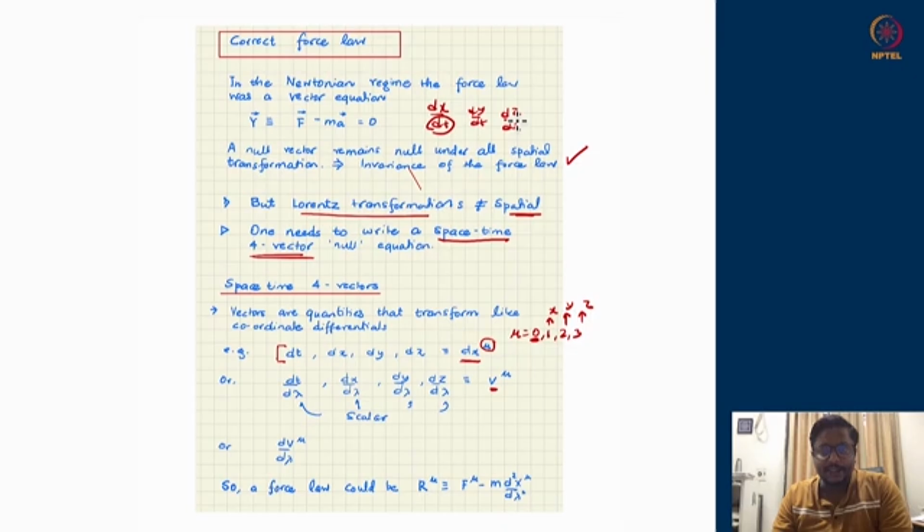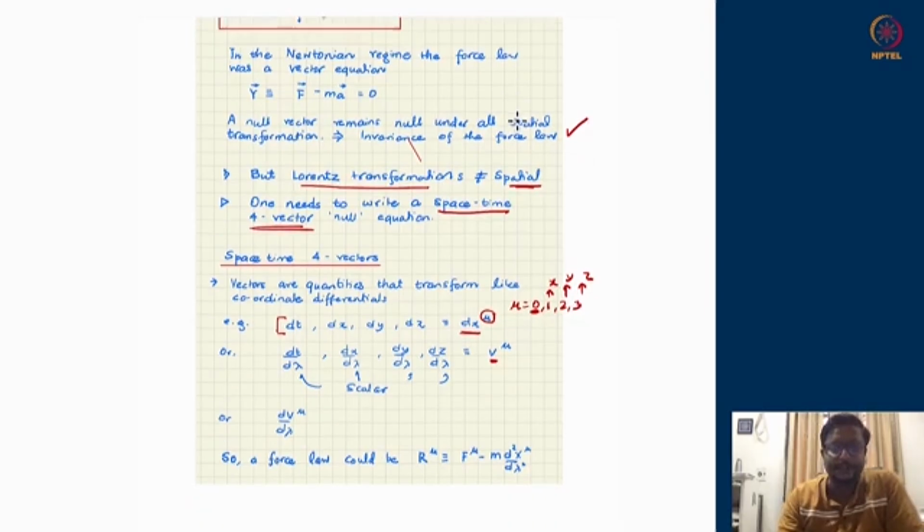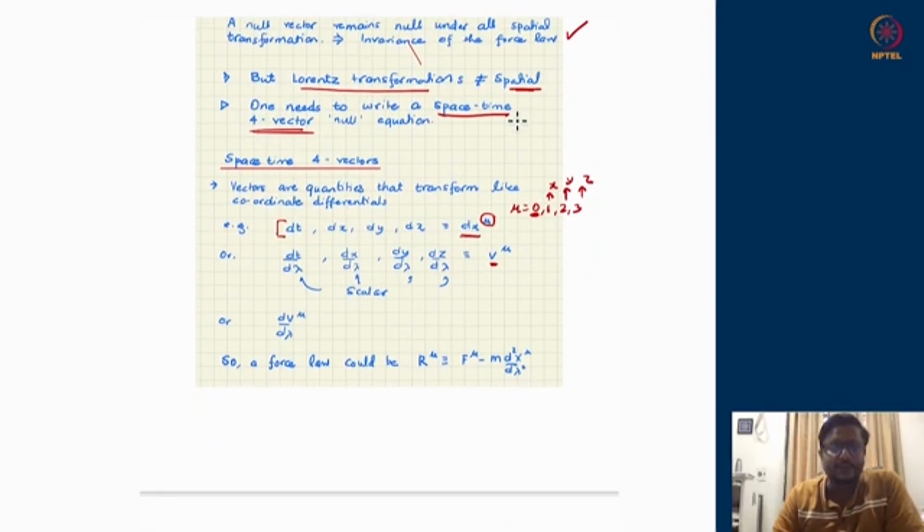Similarly, in Lorentz transformation, dt is starting to change, so I cannot use dt in the denominator of the division. I should rather find some scalar which does not change under coordinate transformation through Lorentz transformation, and the rate of change of coordinates t, x, y, and z with respect to that invariant parameter should be defined as a velocity.